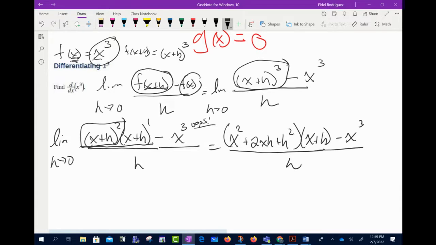All I did here was multiply this part out and write it as x squared plus 2xh plus h squared. You can do it on the side, but that's in essence what you're doing. Now, the second piece is I still have to multiply these together.